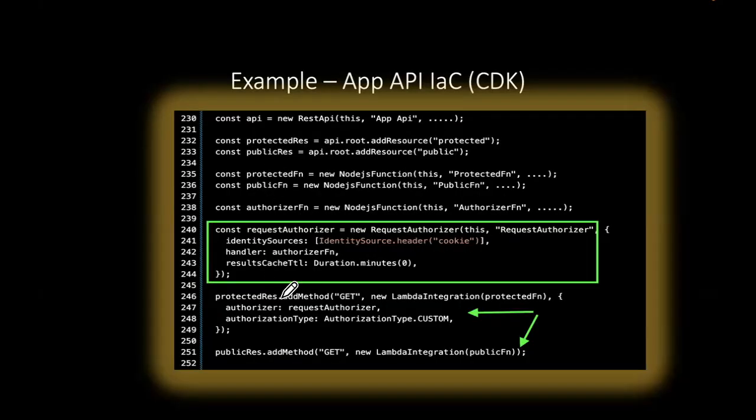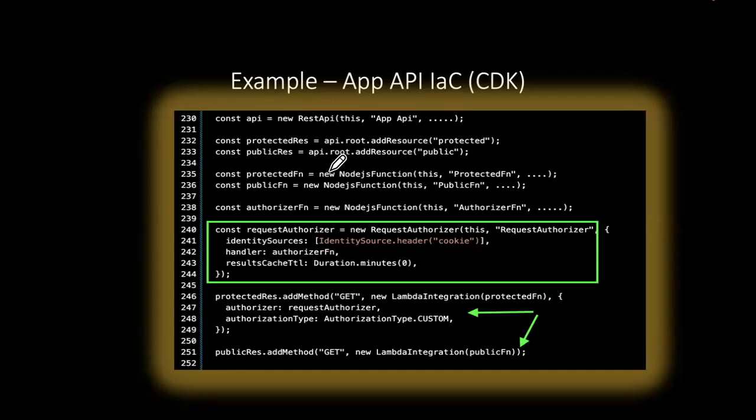I'm just showing you how I actually declare this lambda as being the lambda that plays the role of an authorizer. Okay, this is just creating the actual app API. This is just adding the endpoints.